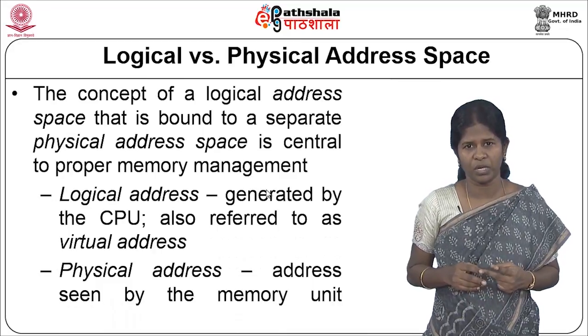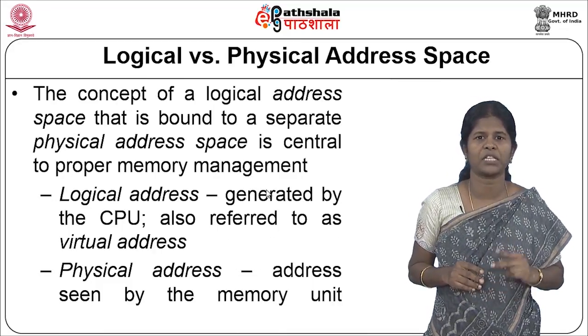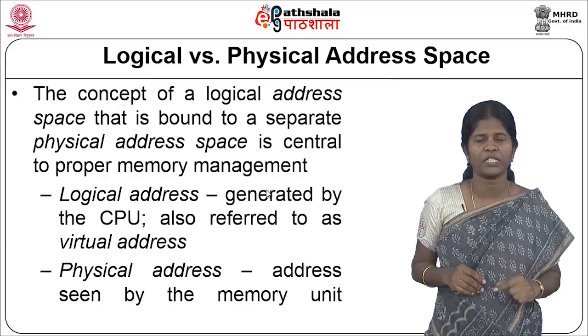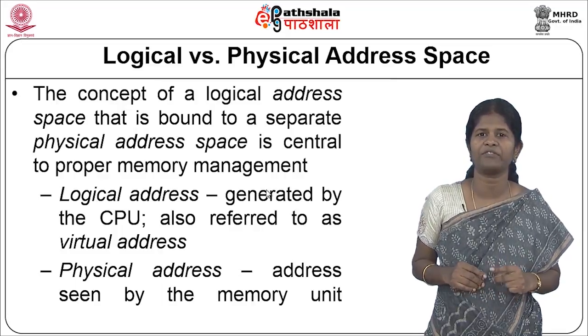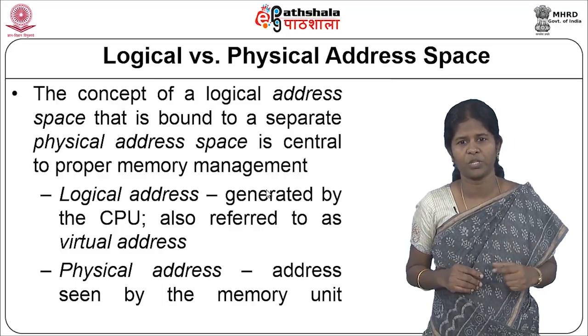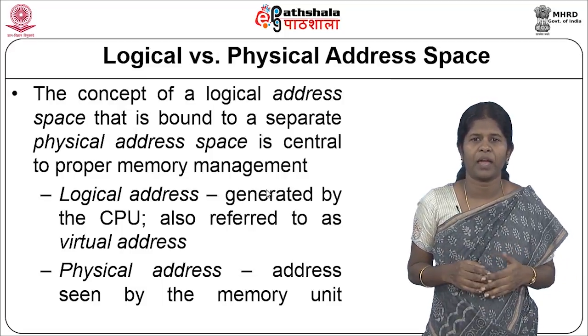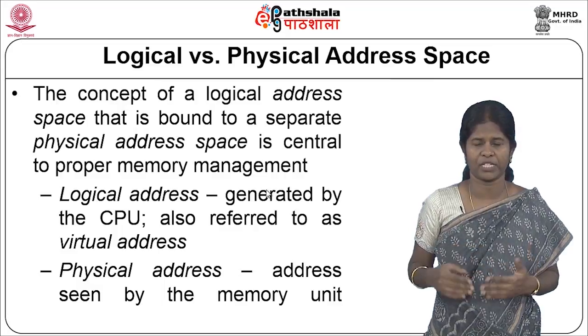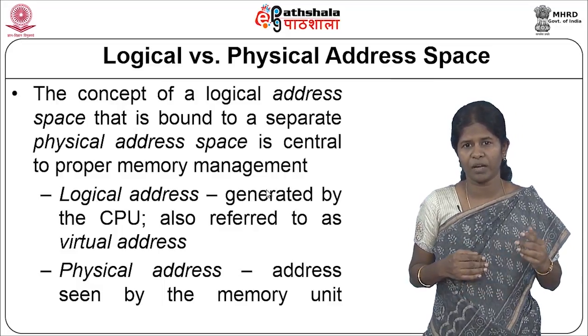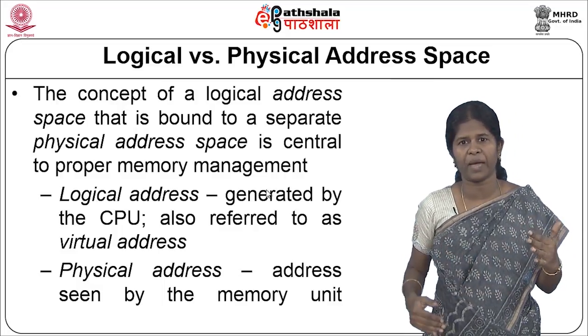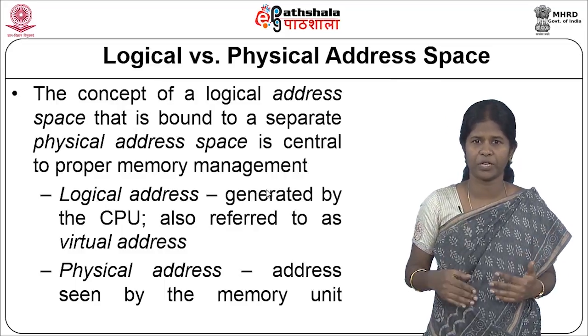So, now we need to know about 2 different terms. One is called the logical address and the other is the physical address. I told you that whenever a program is compiled you generate relocatable addresses, which go from 0 to some maximum value for that particular process.